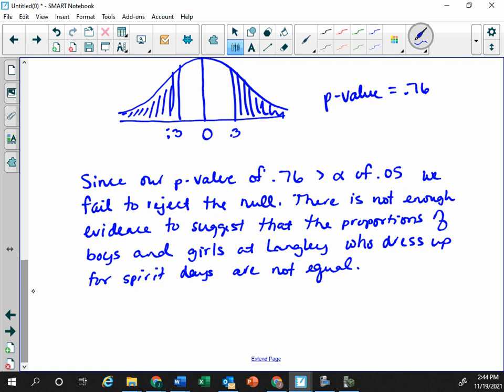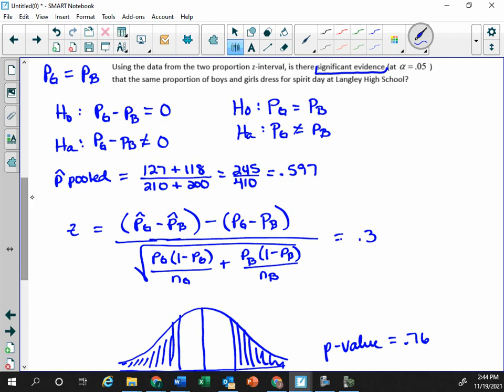When we did the confidence interval, remember how it went from negative values to positive values, and we talked about how 0 was included? So there was definitely a possibility that the two proportions were the same. That's what 0 being included in that confidence interval means. And here our null was that the difference was 0, and we did not reject that null. We're saying it's very possible that the two groups dress up in the same proportion. Does that make sense, the connection between the two? You'll see a lot of that, like, was 0 included in the confidence interval, and how that connects to your hypothesis test.